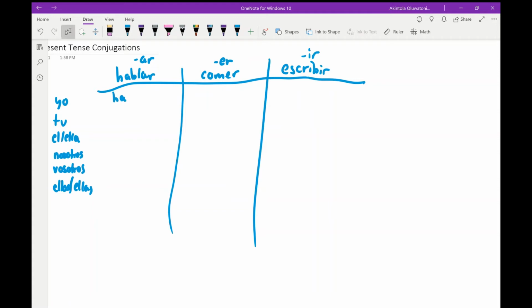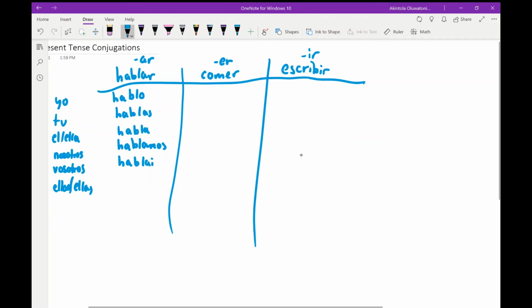Yo hablo. Tú hablas. Él, ella habla. Nosotros hablamos. Vosotros habláis. Ellos, ellas hablan.